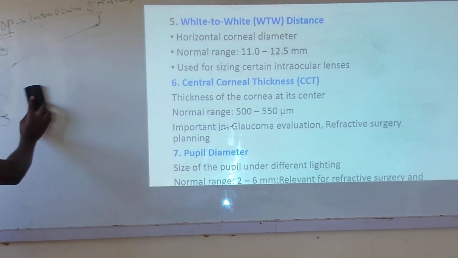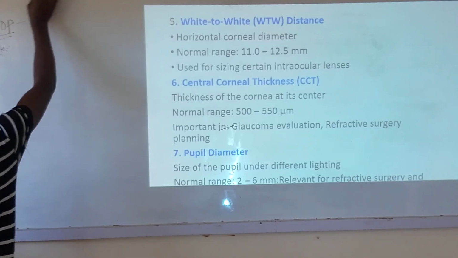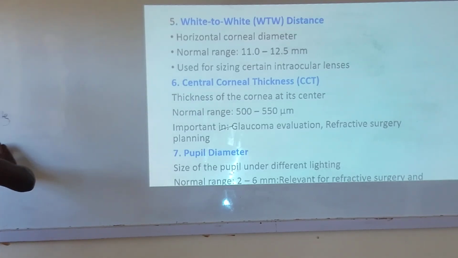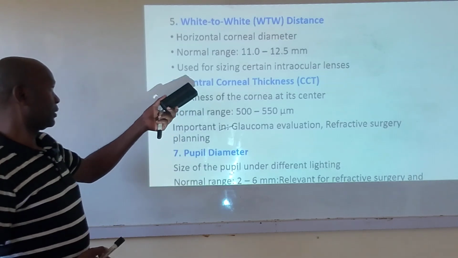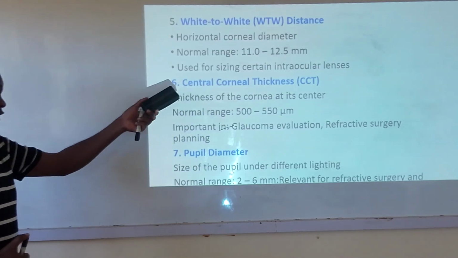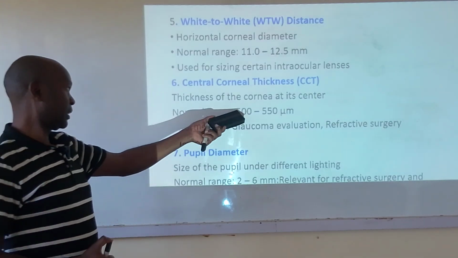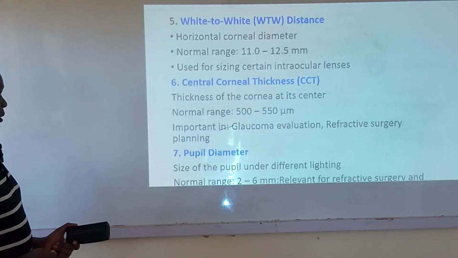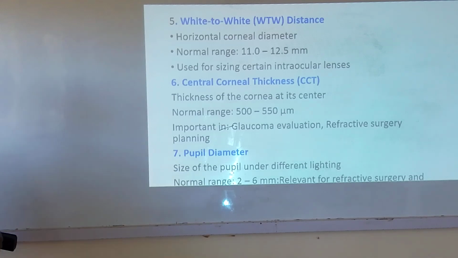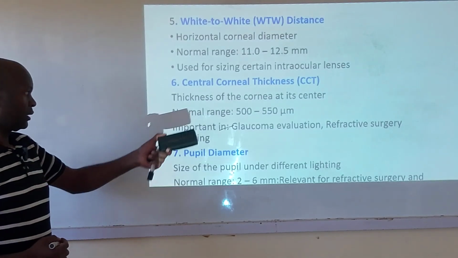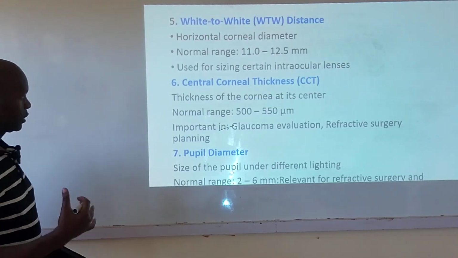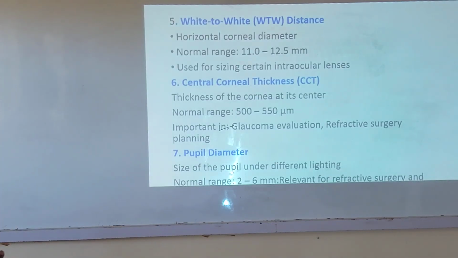And remember, glaucoma is normally caused by increased intraocular pressure, and therefore when you are assessing patients with glaucoma, you have to do tonometry to measure the pressure, and it's applied on the cornea. So this thickness plays a role. When you have a thick cornea, it will offer much resistance to your tonometer, and therefore it will give you false readings.